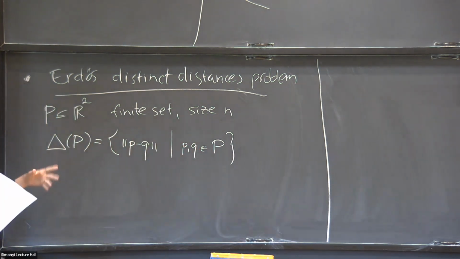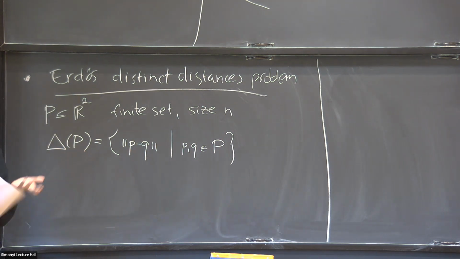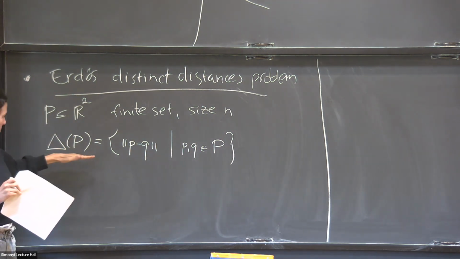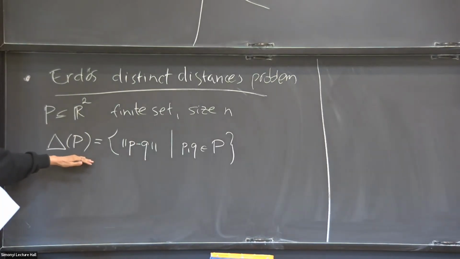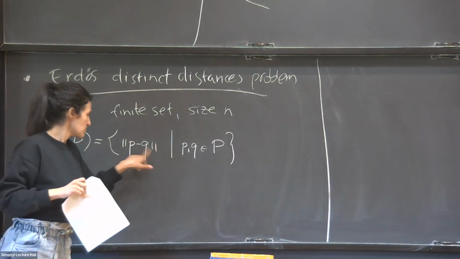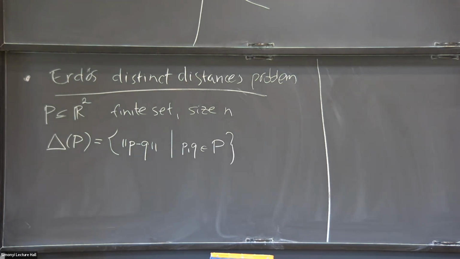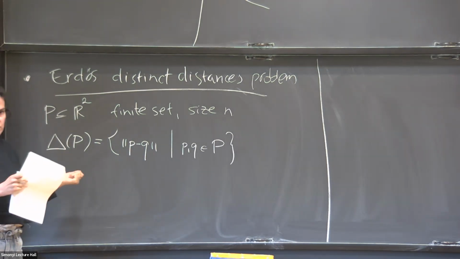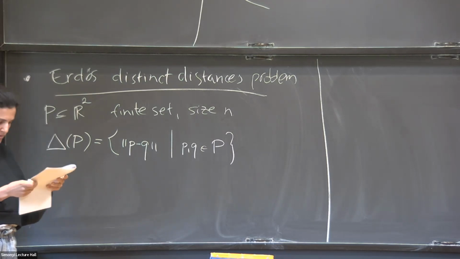In general, if you would choose P at random, we don't expect to have any repetitions. So this set will have size roughly n squared. Of course, if p equals q, we have many zeros. But Erdos asked, can we choose P in a very special way, such that the number of distances will be small? And he showed an example.